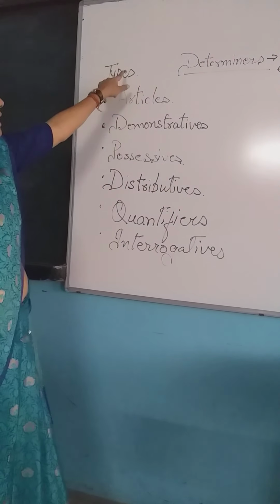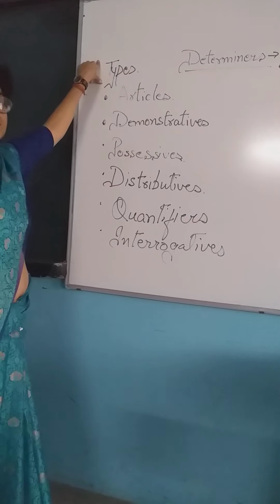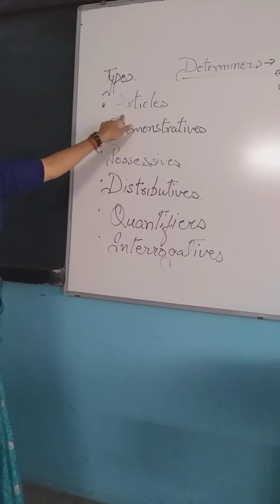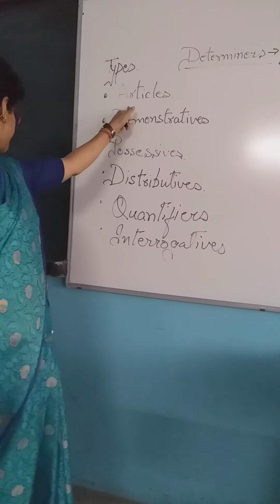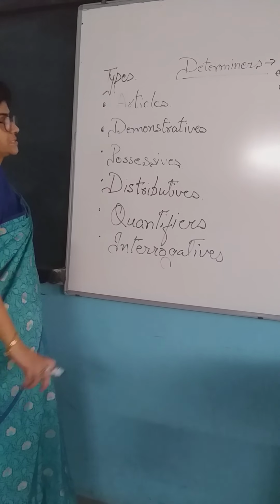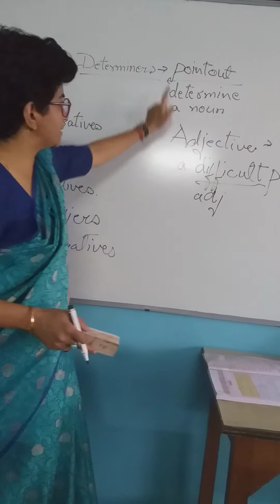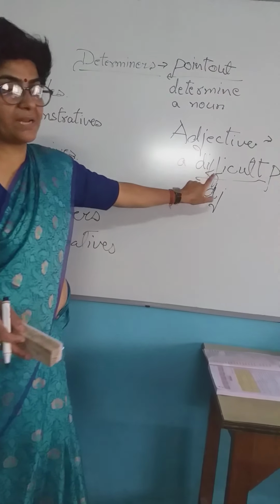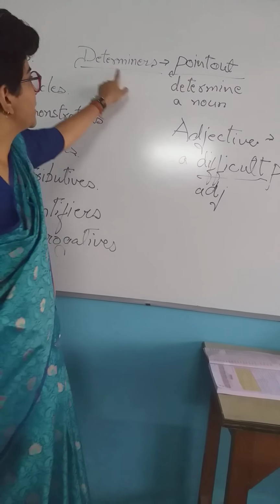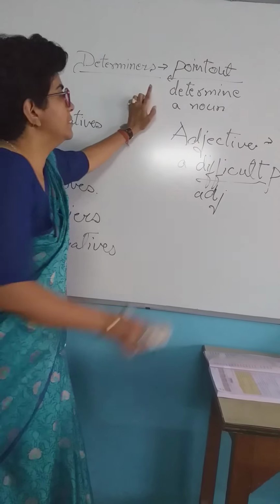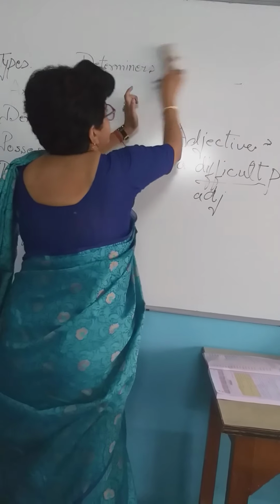First, in the topic of types of determiners, we will talk about articles. I think you have understood this. What are determiners? Determiners point out, while adjectives tell the nature of a noun.